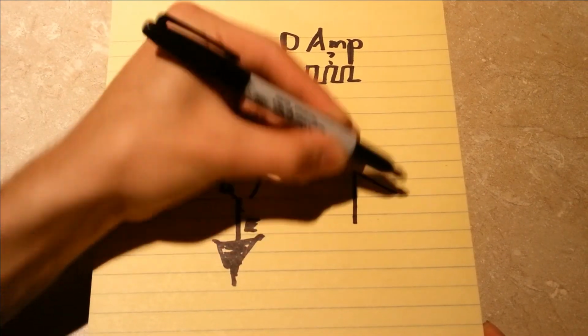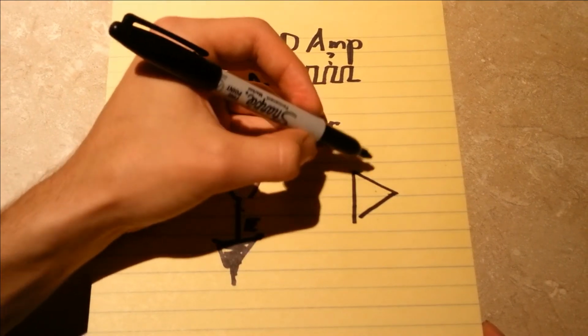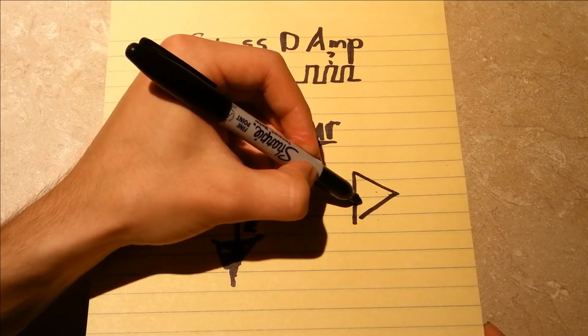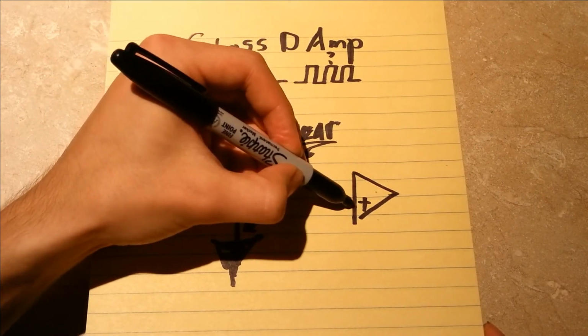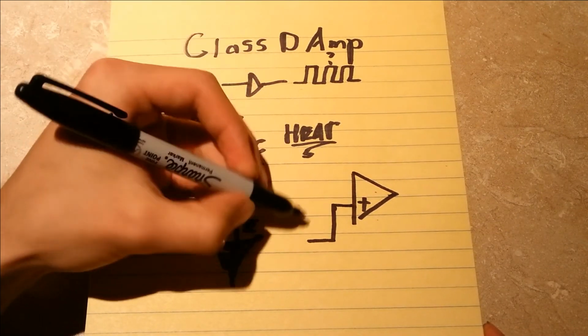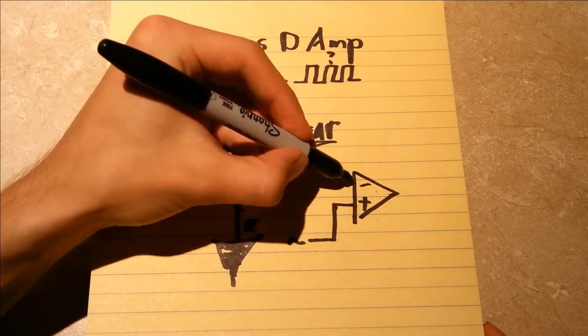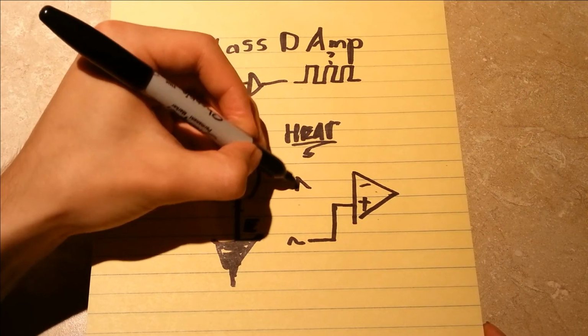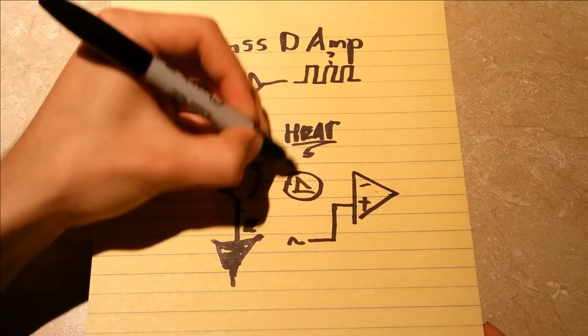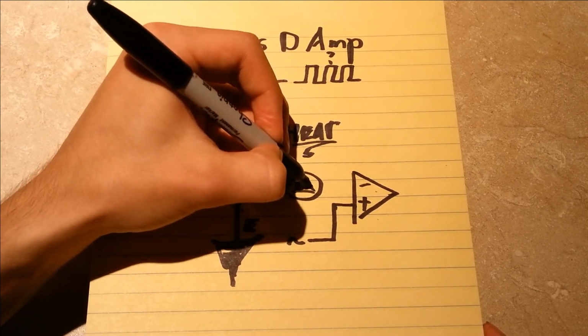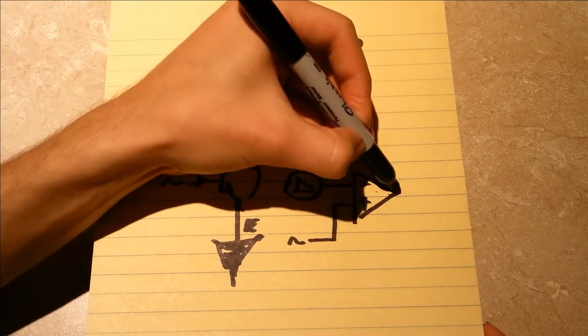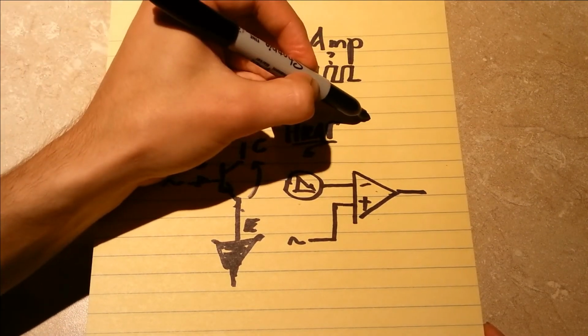So we can represent this with a comparator where the non-inverting input is taken from our analog voltage and the inverting input is taken from the triangle wave generator. Just like that.